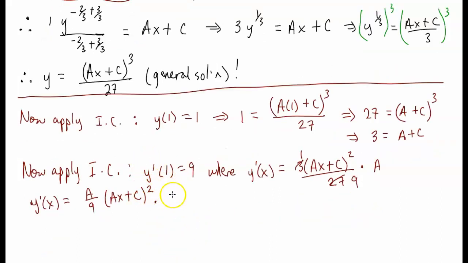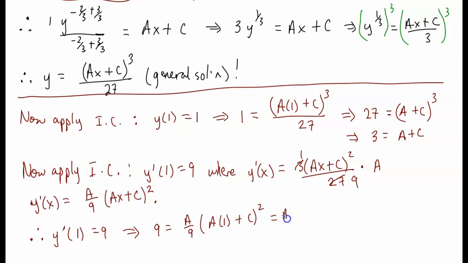All right, so now that we have that information here, we can go ahead and use our initial condition. So therefore, y prime of 1 equals 9. This implies that if I'm looking here, y prime of 1 is going to give me 9. This is a divided by 9 times (a times 1 plus c) squared, which is just a divided by 9.